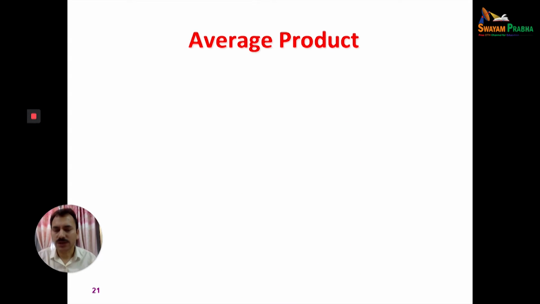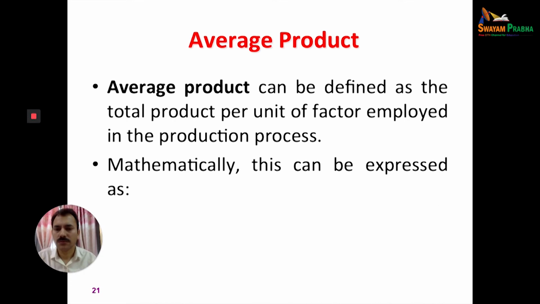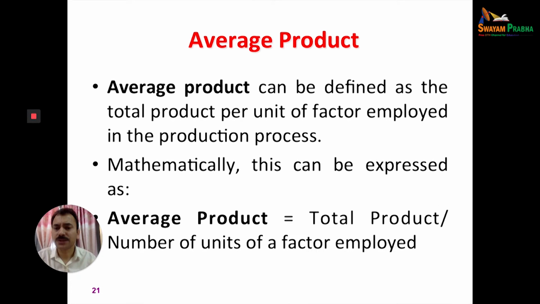Now, average product means per unit output. It can be defined as the total product per unit of factors employed in the production process. Mathematically, this can be expressed: average product is equal to total product divided by the number of units of factor employed.